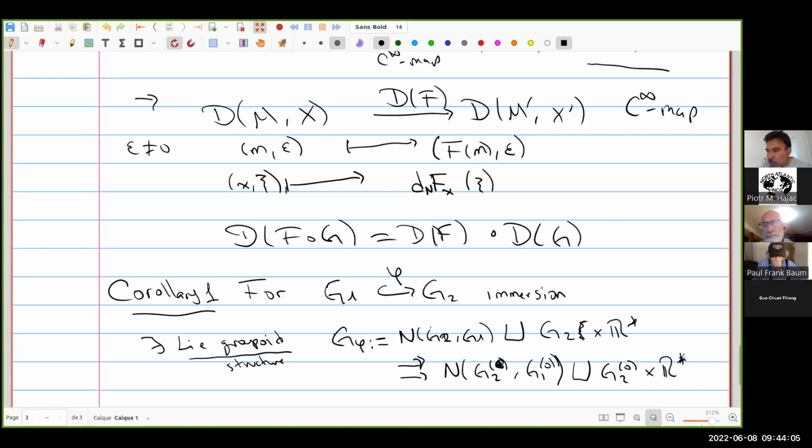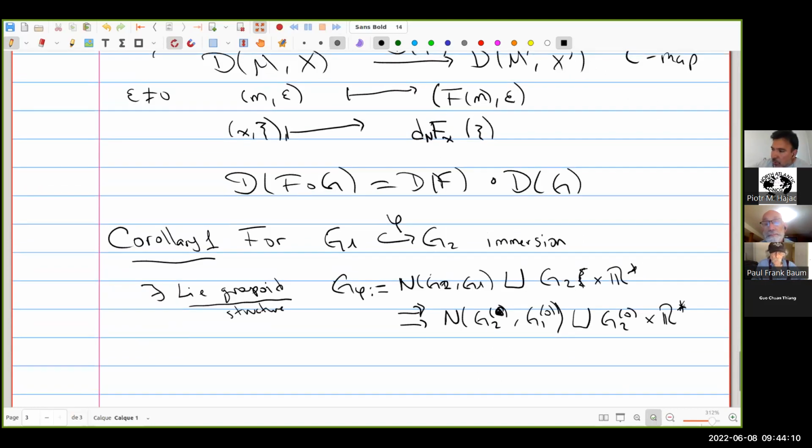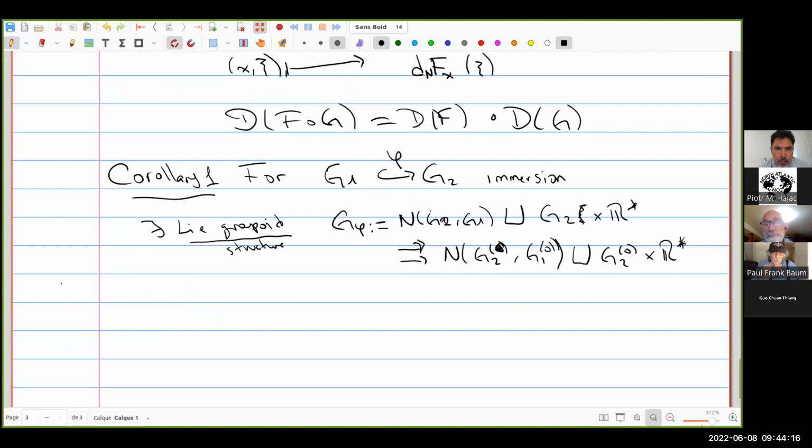And up to now, you can say, well, this is just a differential geometry result. But as corollary 2 will tell you, it brings us already to non-commutative geometry, because in fact there will be indices, maps between the K-theories of the C-star algebras.